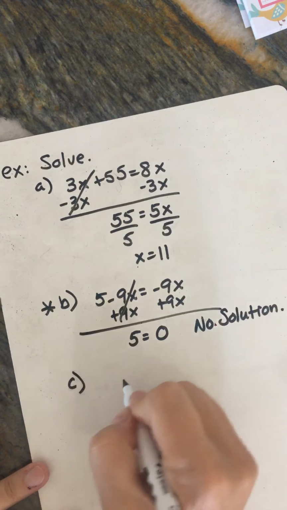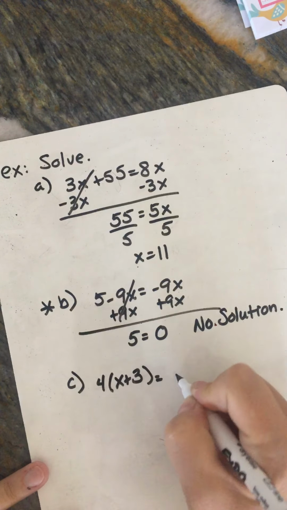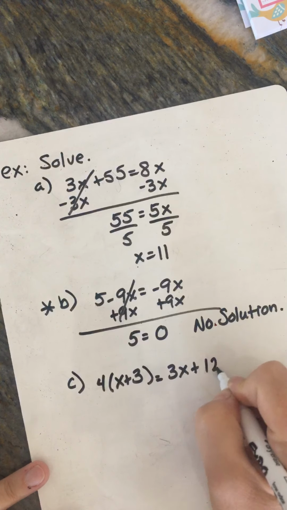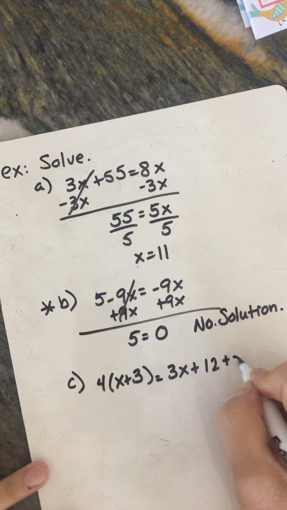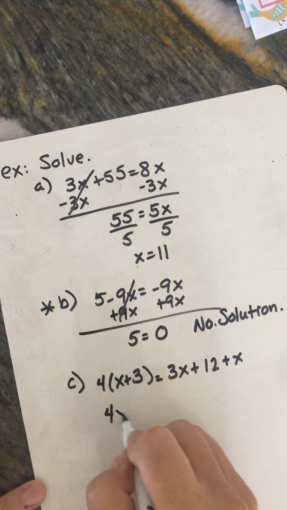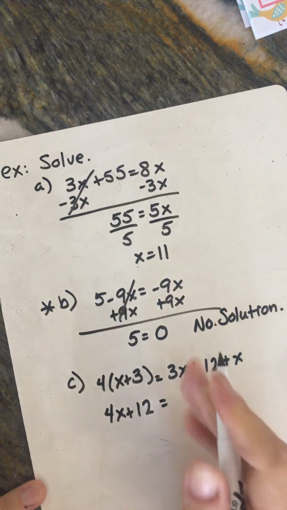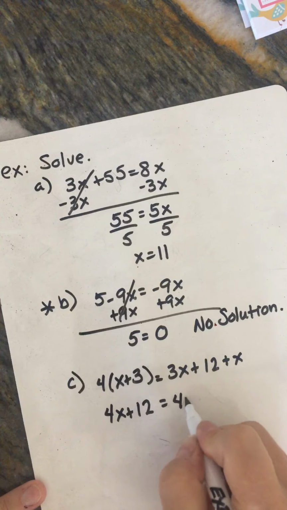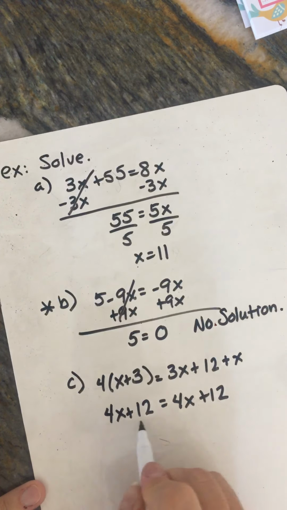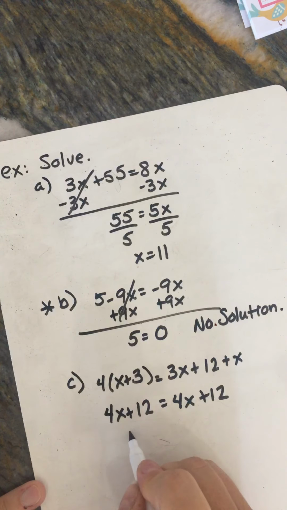And let's do one more. So 4 times the quantity x plus 3, this is a few more steps, obviously, plus 3x plus 12 equals x plus... So the first thing we're going to need to do is distribute the 4 over the addition. And we can also combine like terms on this side of the equal sign, so 4x is over here. And oh my goodness, look at this, 4x plus 12 equals 4x plus 12. Let's just continue and see what happens.